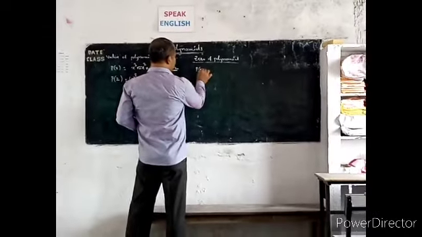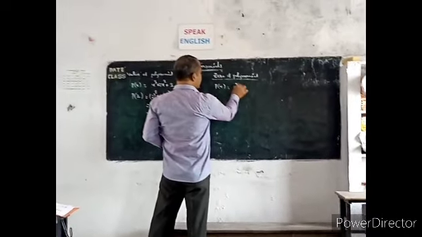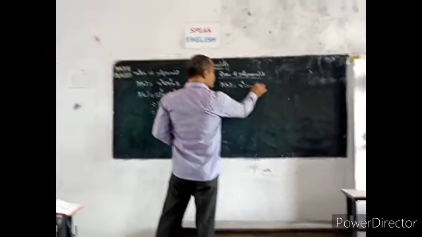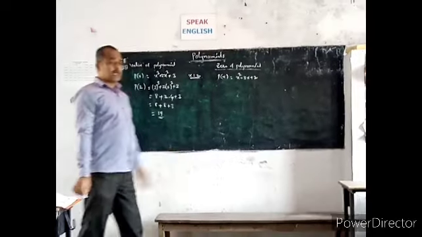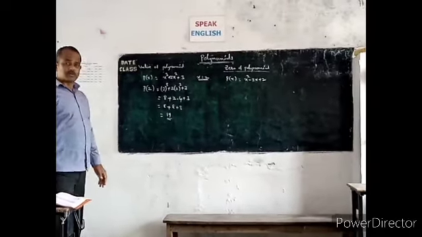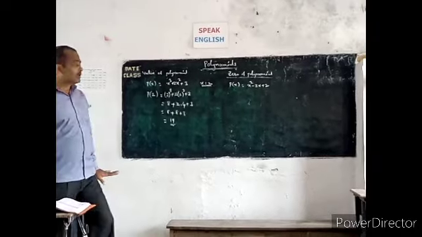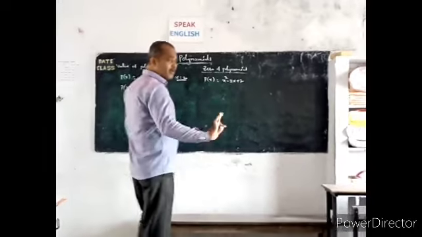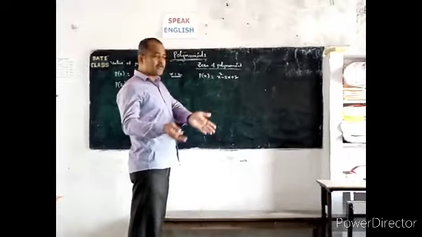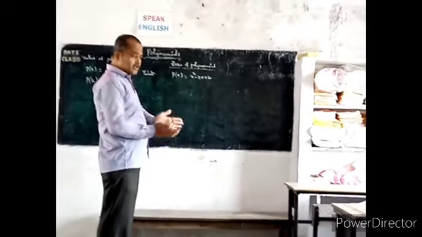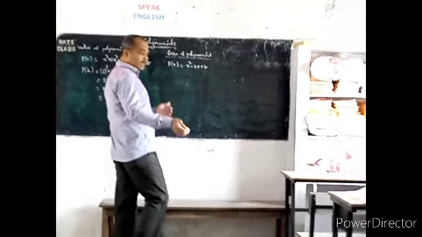Suppose the given polynomial is p of x equals x square minus 3x plus 2. Is it clear? We don't know the 0 of it, we have to find it. So we have to check by substituting one by one.